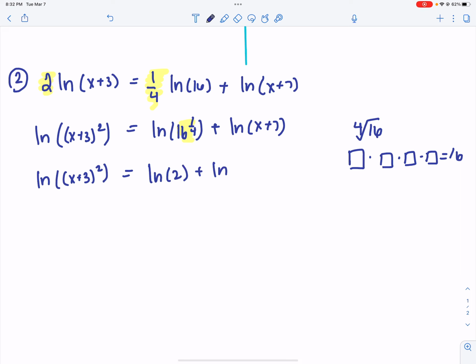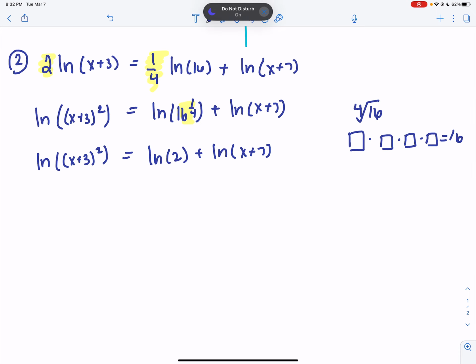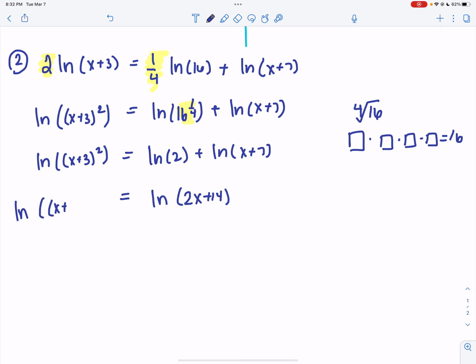Once we get to that part, what we are going to do is now use the product rule and multiply 2 and x plus 7 to get 2x plus 14 on the right side. And then we have x plus 3 squared on the left.